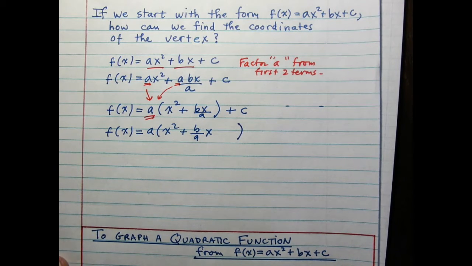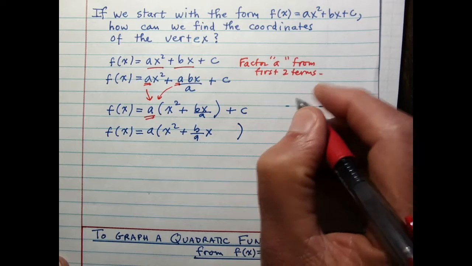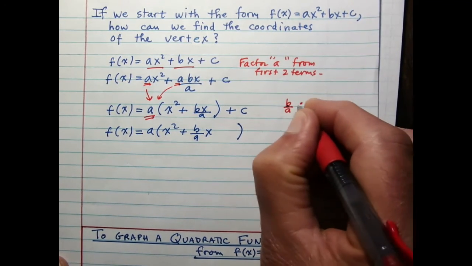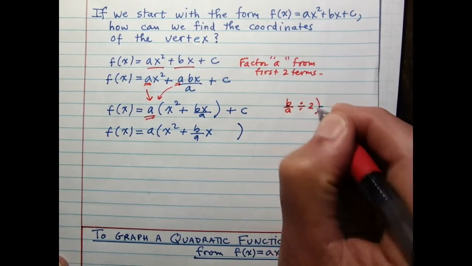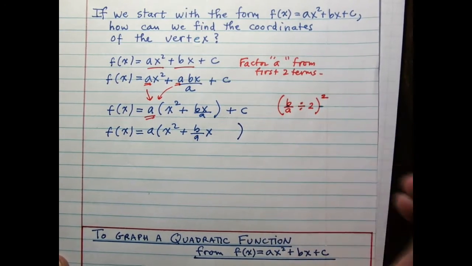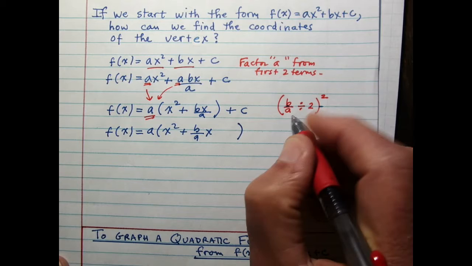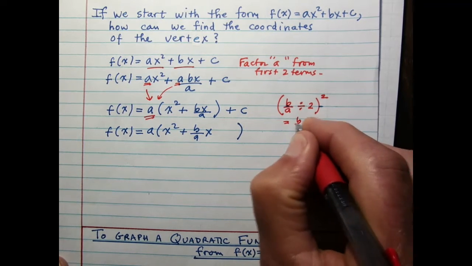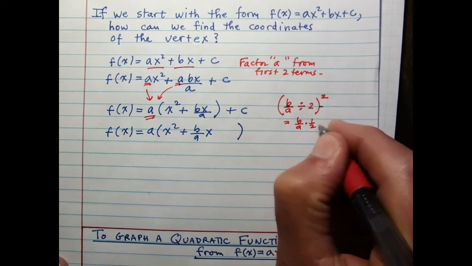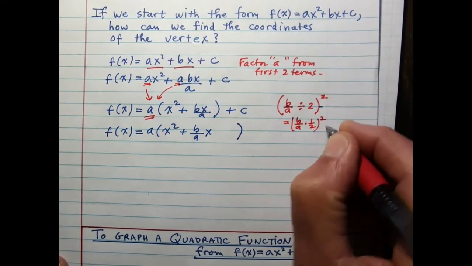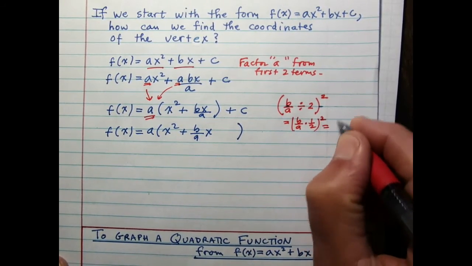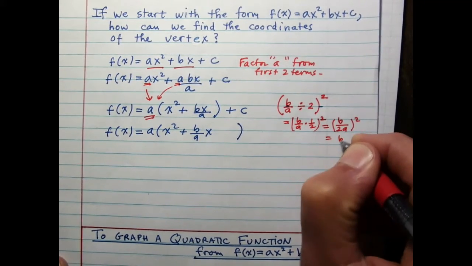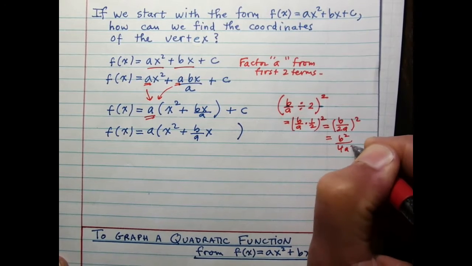And what I need to do is take that coefficient of x, the b over a, divide by 2 and square what I got there. So b over a divided by 2 is b over a times a half, squared. That's the same thing as b over 2a squared, or b squared over 4a squared.